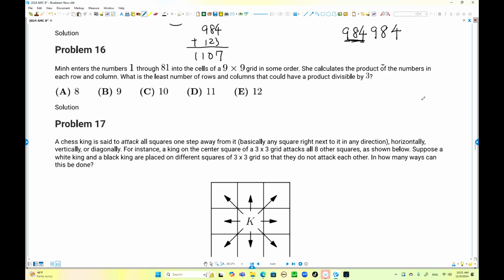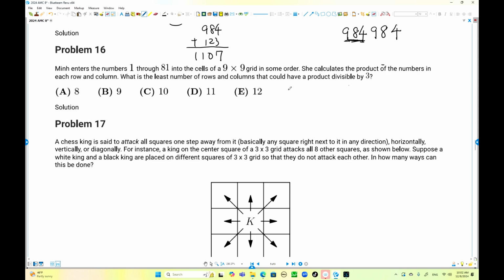Divisible by 3 means a digit is a multiple of 3, like 3, 6, 9. If you have a multiple of 3, that row and column is always divisible by 3. 27 is also divisible by 3.